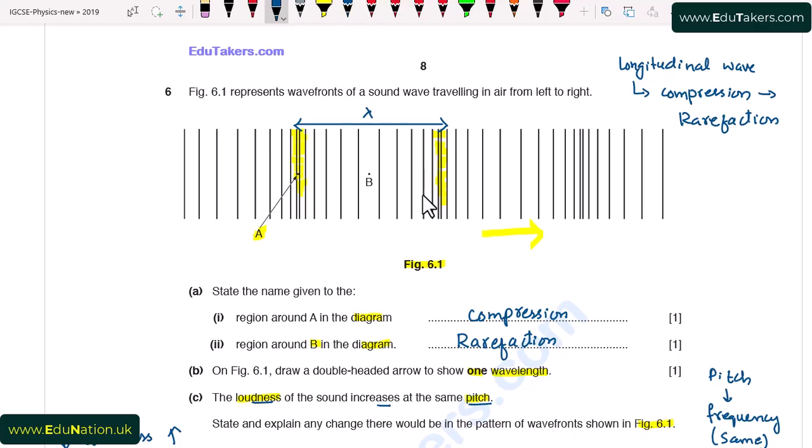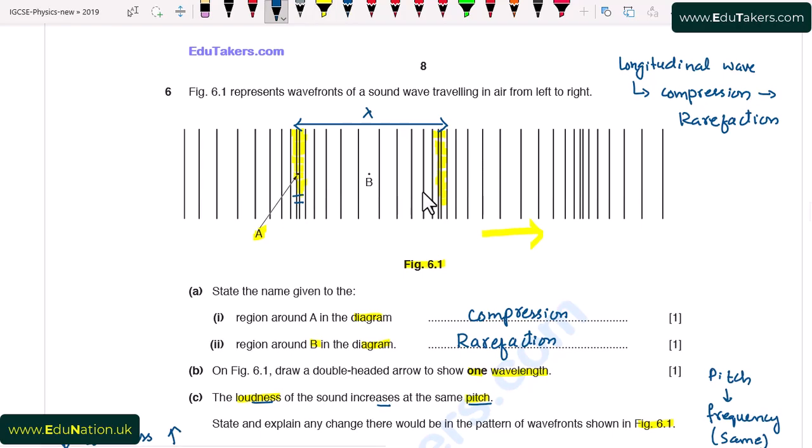So there is a change in amplitude. Amplitude change means that the portion where there is a compression, there will be more compression, meaning the particles come closer to each other. And where there is a rarefaction, the particles will get further apart from each other.